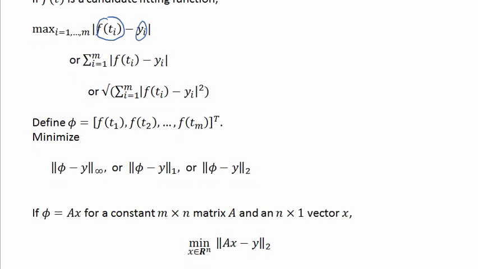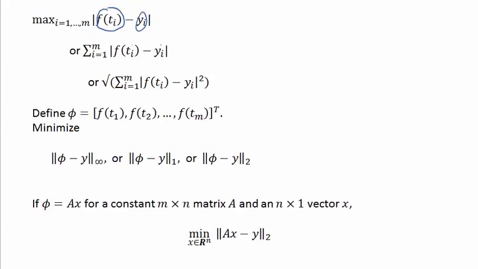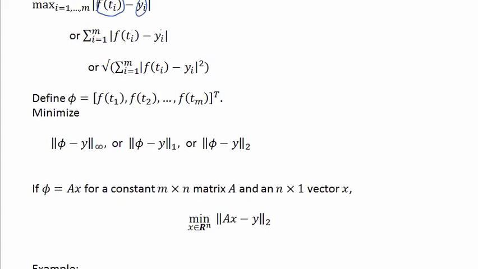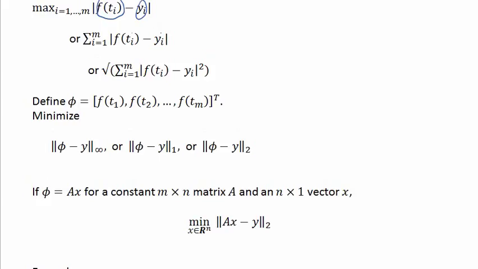Another way we might do it is to say, well, let's look at the difference between the fitting function f and the target data y, but we'll take the absolute value and add them up over all the points. Or we could even decide to do things in sort of a root mean square way, where we square up all these individual pointwise errors, add them up, and then take a square root of the whole thing.